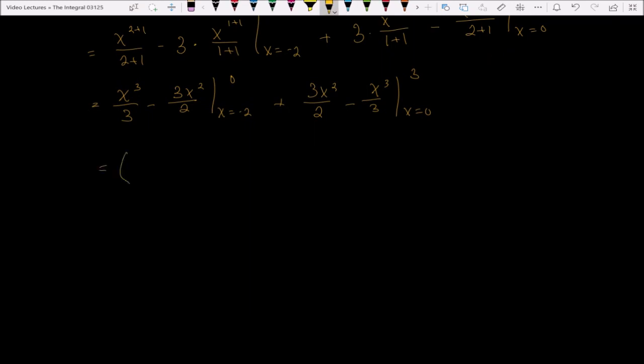For that first interval, when x is 0, it's just 0 minus 0. When x is negative 2, we get negative 8 over 3 minus 12 over 2, which is 6.